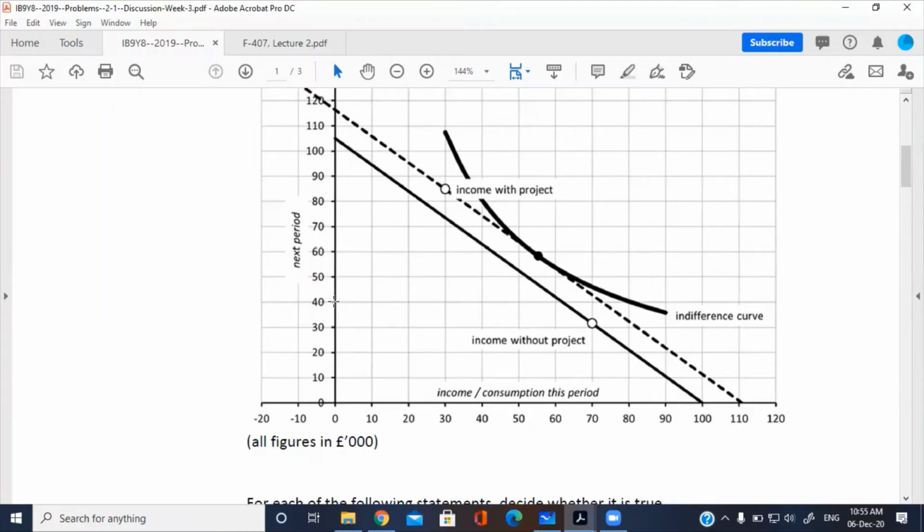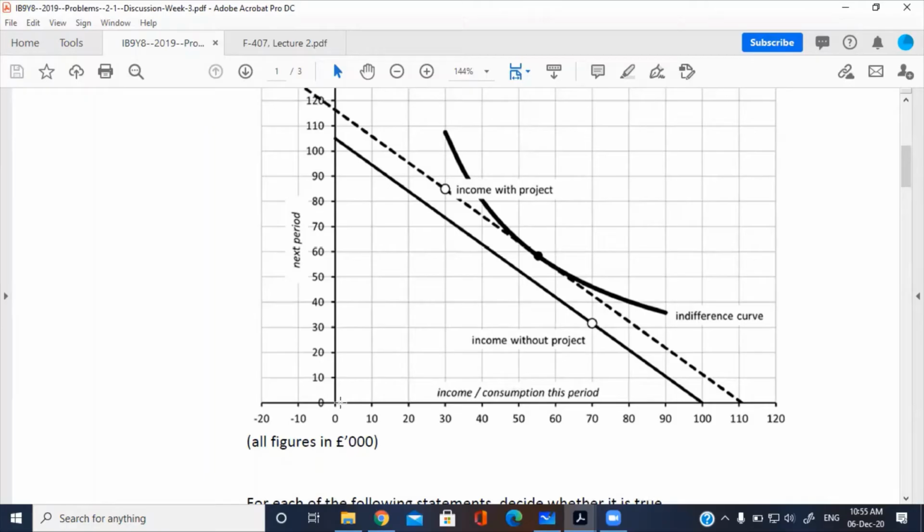If you think of the maximum consumption today, without any future consumption, how much can you consume today? 100, right?